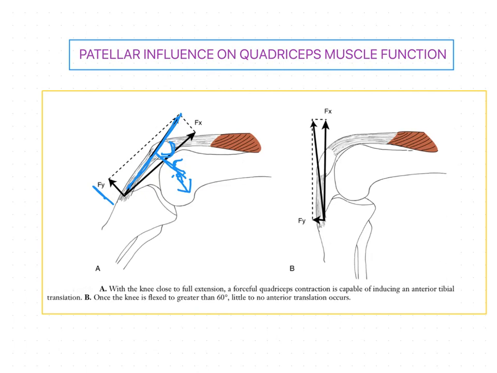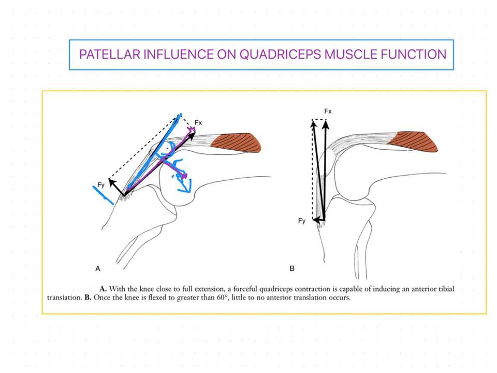If the patella is not present, just think, the resultant force may fall at this level, so the moment arm is going to decrease. Compared with the joint axis, the moment arm is decreased because of the absence of the patella.